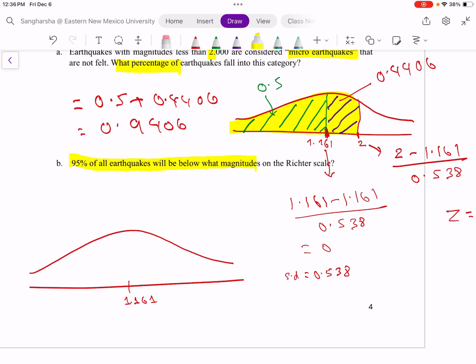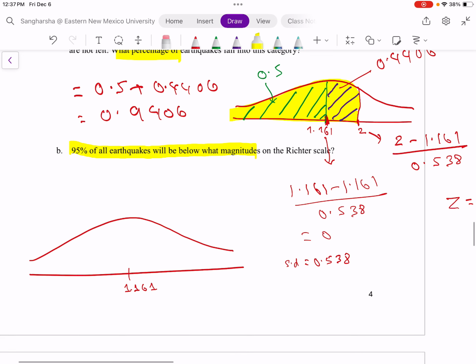the Richter scale? Now we need to find the magnitude, and below that magnitude, the proportion of earthquakes has to be 95%. The horizontal axis represents the magnitude. Let me use x, so we are finding x.